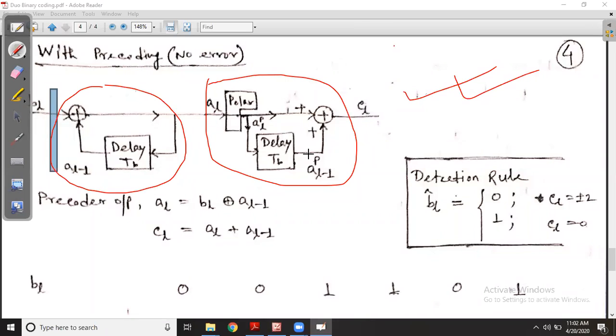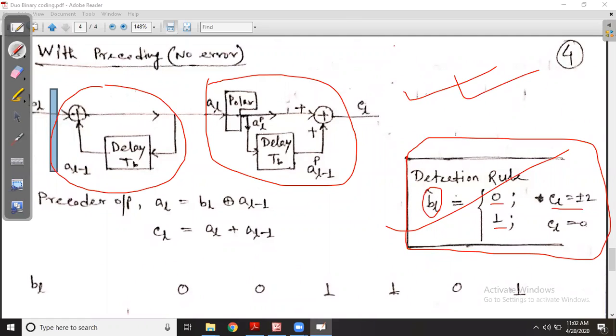Modified means the precoder is added. For this case, some detection rule is there. This is the detection rule: the estimated BL will be 0 or 1 depending on the received bit. These are nothing but the received bits.